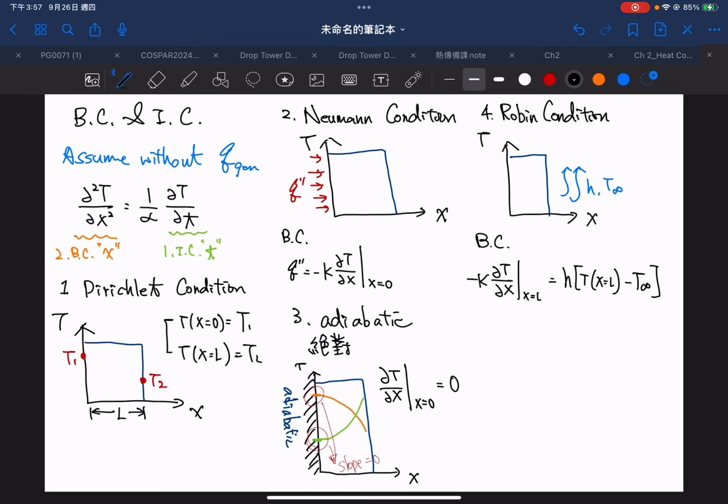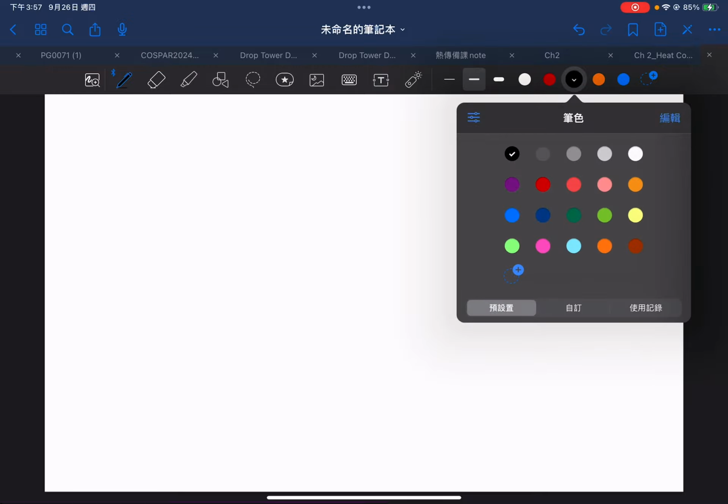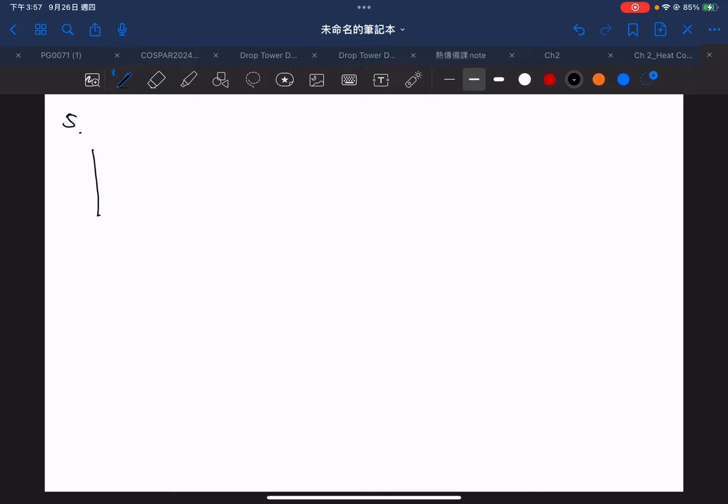Okay, then we are moving to something symmetrical. So, for example, it's easier to start with the drawing. X and T, then you have something here. Then by looking at the temperature profile, you find the temperature profile looks like this.